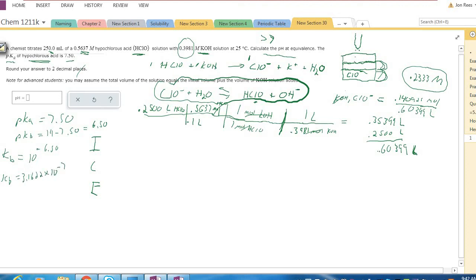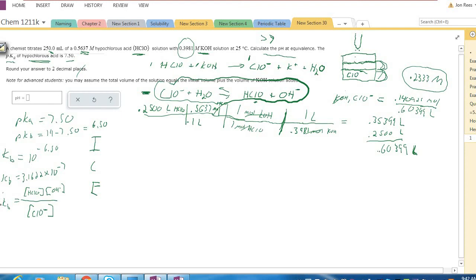Okay, so I calculated a Kb just from what was given me, and we know that we can write a Kb reaction for this by saying that the Kb equals concentration of HClO, concentration of OH minus, divided by the concentration of the ClO minus.